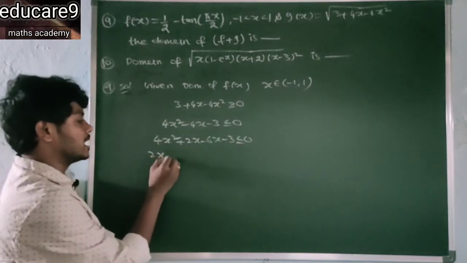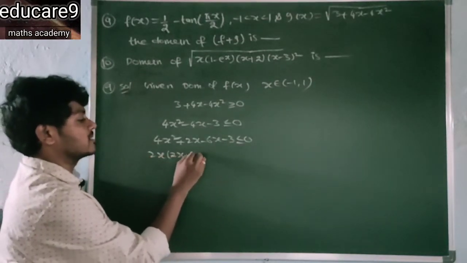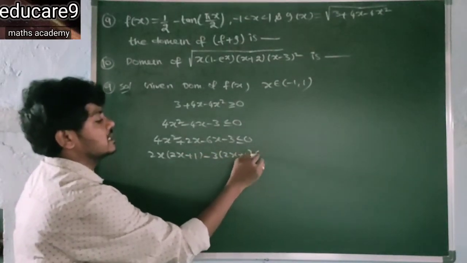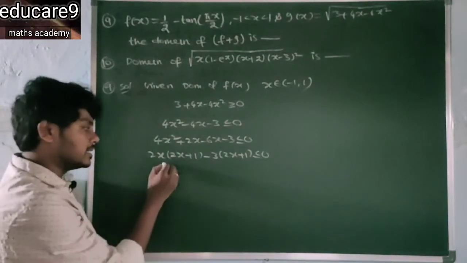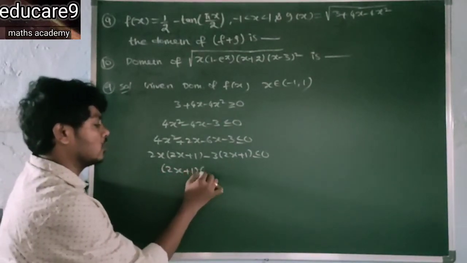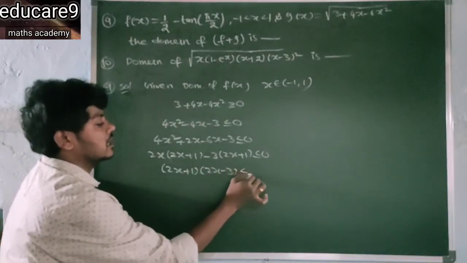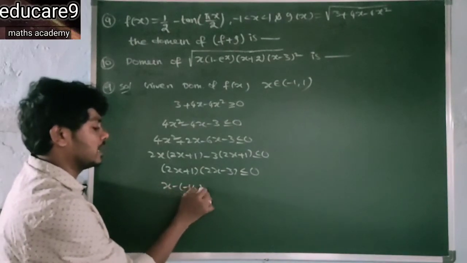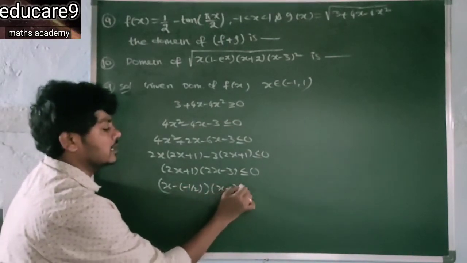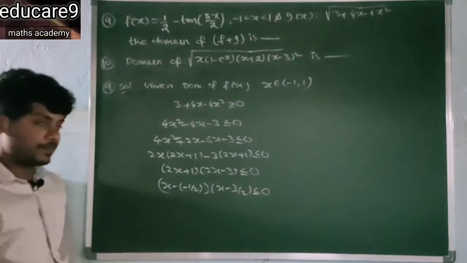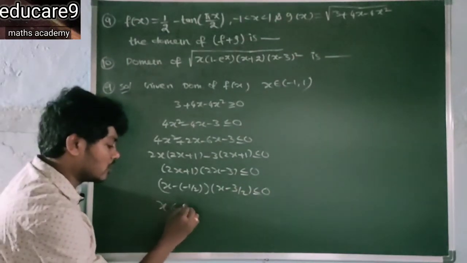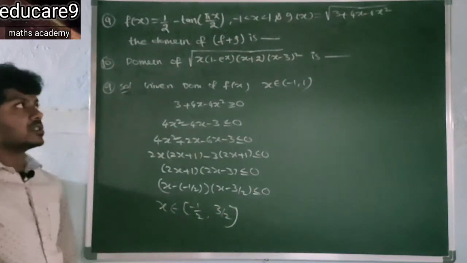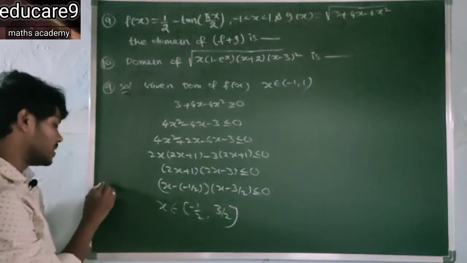Now here 2x is common, you get 2x plus 1. Here minus 3 is common, you get 2x plus 1. Again this is 2x plus 1 into 2x minus 3 is less than or equal to 0. This is x minus of minus 1 by 2, x minus 3 by 2 less than or equal to 0. So therefore x belongs to the closed interval minus 1 by 2 comma 3 by 2. So this is the domain of g of x.